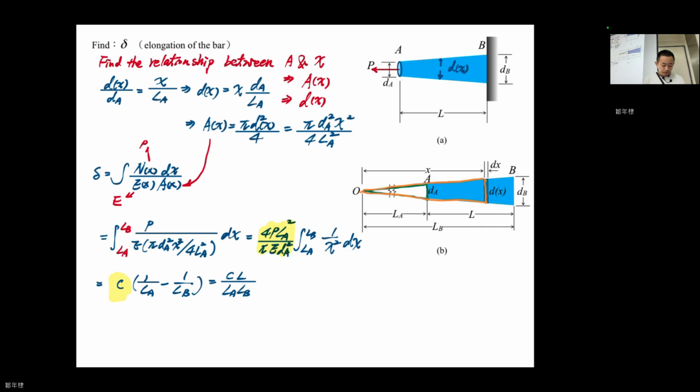And let's do further. 4PL, so I make the C back: pi e dA squared, and LA divided by LB. I will give it a blue mark, and the blue mark will be used later.